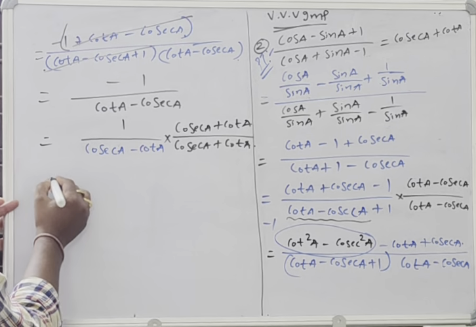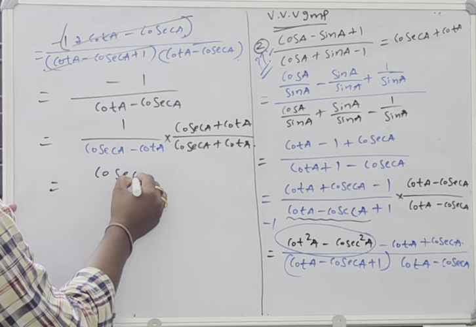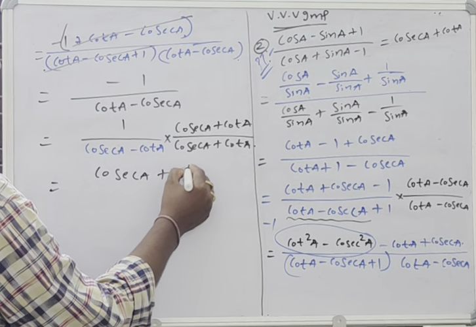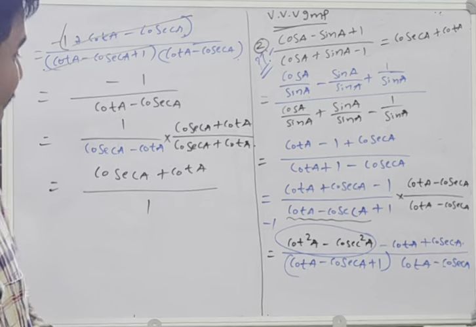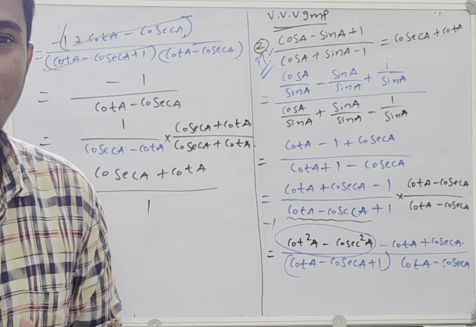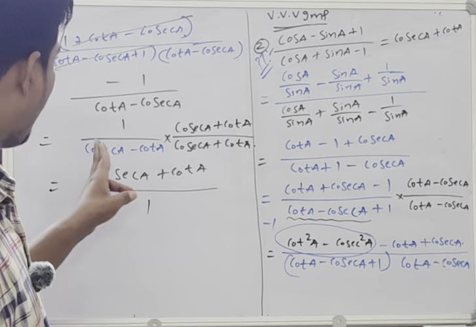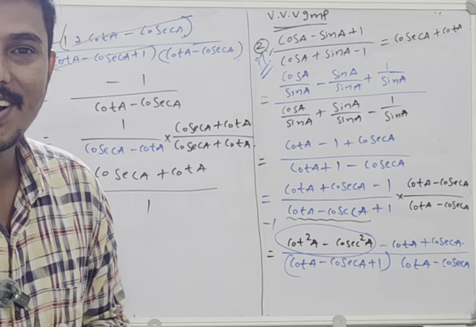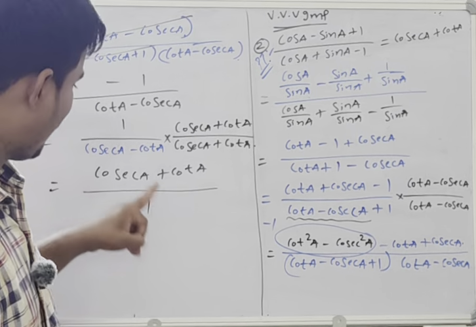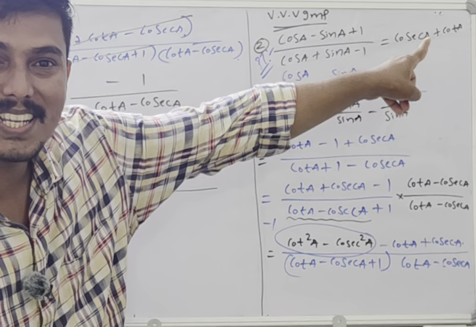The numerator is cosecant A plus cot A and the denominator is 1 by 1. A minus B times A plus B is what? A square minus B square. Cosecant into cosecant is cosecant square A, cot into cot is cot square A, and the difference is 1.